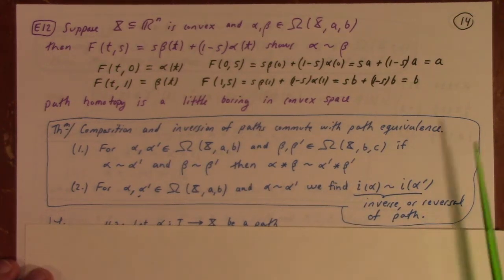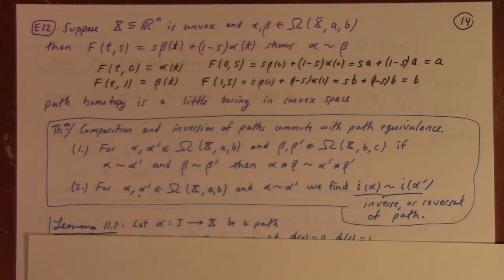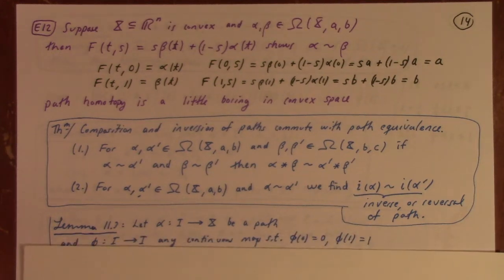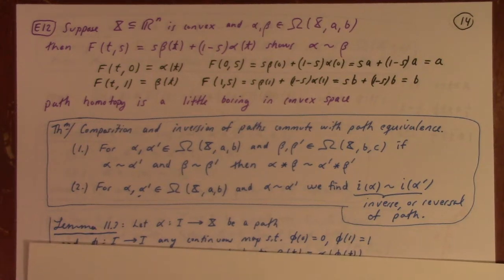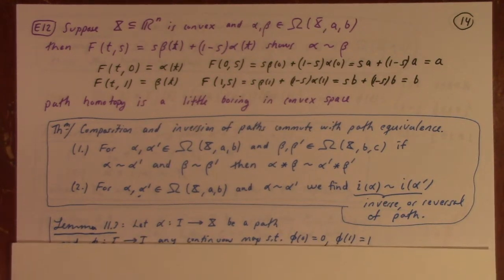Likewise, the equivalence also plays nice with the reversal of paths, all right? So the reversal of a path is, I shouldn't say equivalent, I should say the reversal of a path is path homotopic to the reversal of a homotopic path.